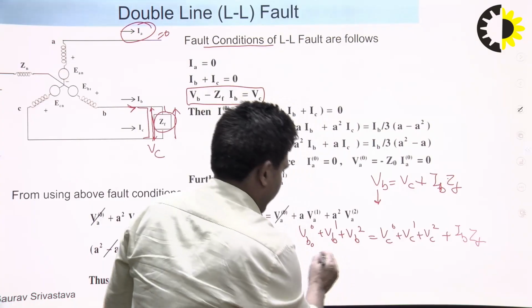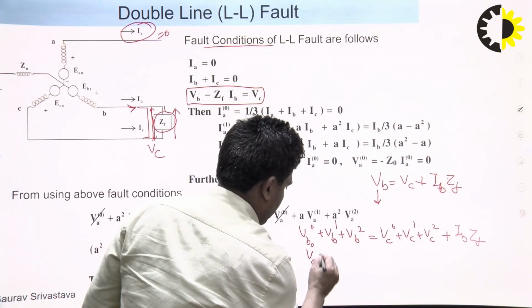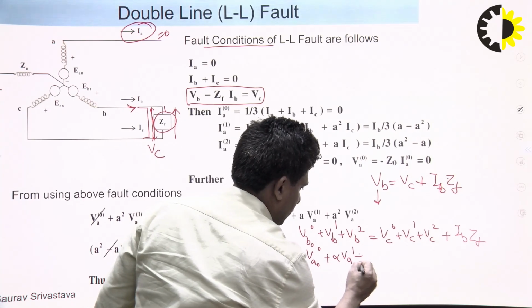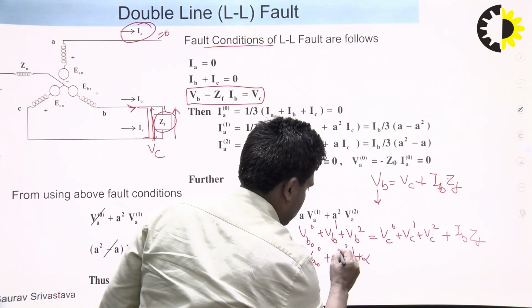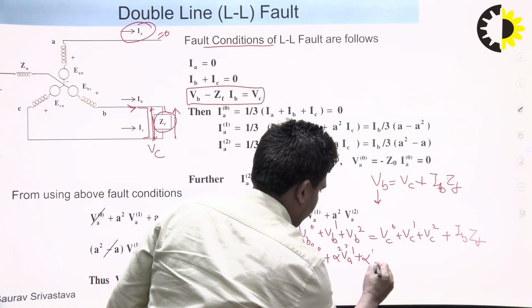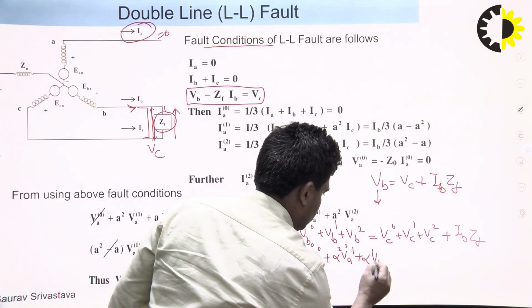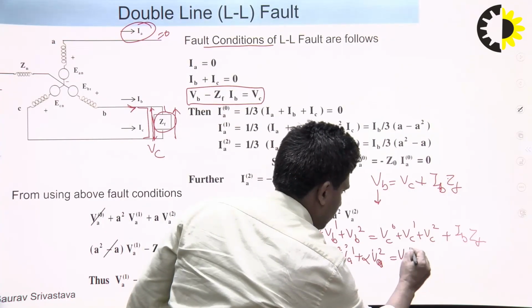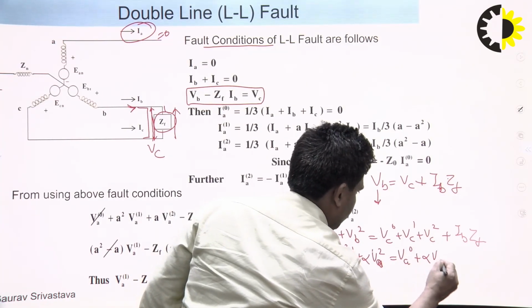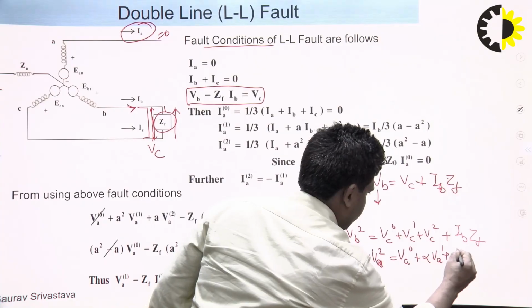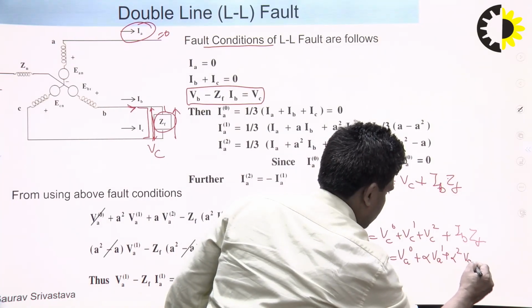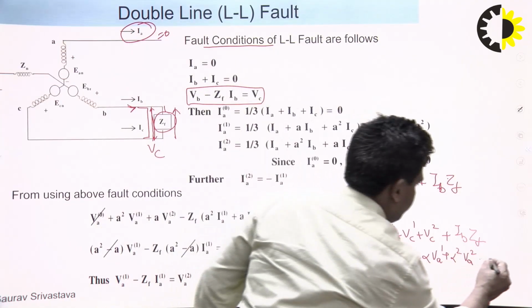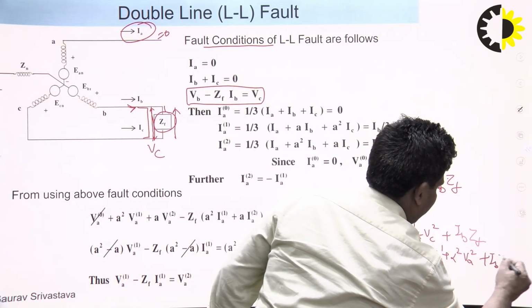So again it is converted as VA0 plus alpha VA1 plus alpha square VA2 is equal to VA0 plus alpha VA1 plus alpha square VA2 plus IB ZF.